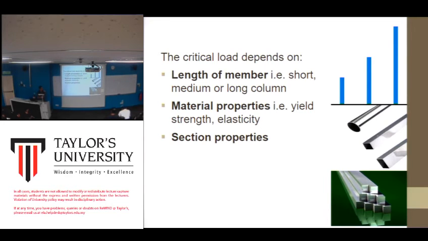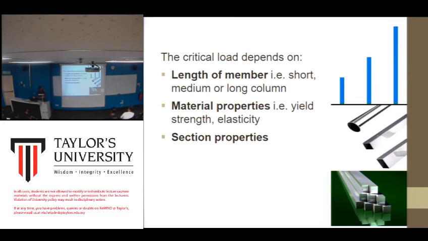Coming back to this, let's say this is considered a long column due to the ratio between the height and the diameter, and if you have another one with the same height but with a greater diameter, or section, obviously this would have a higher critical load compared to this one. So it depends on whether it's a short, medium, or long column. That's the first criterion.